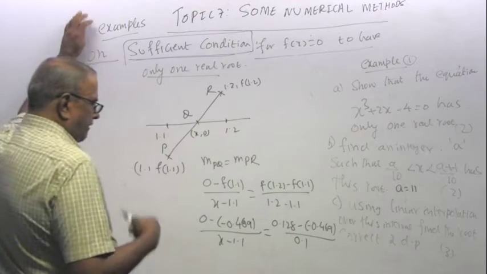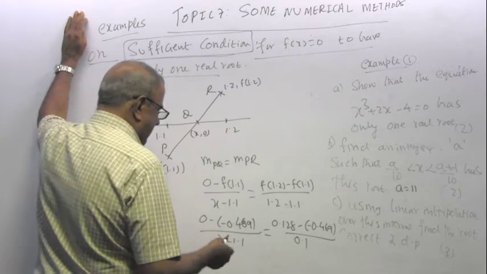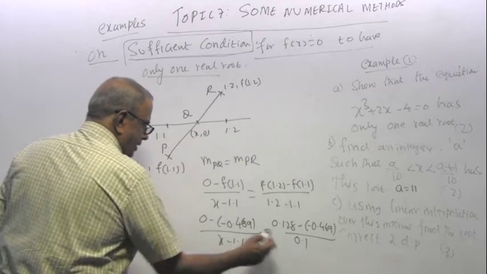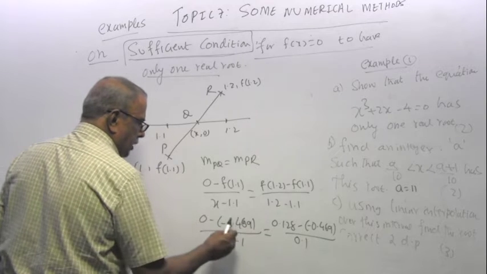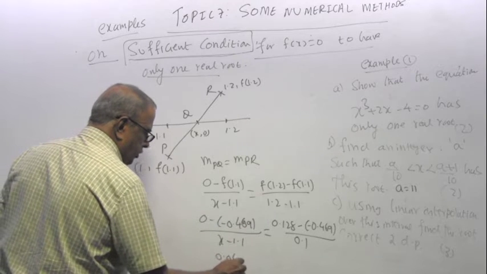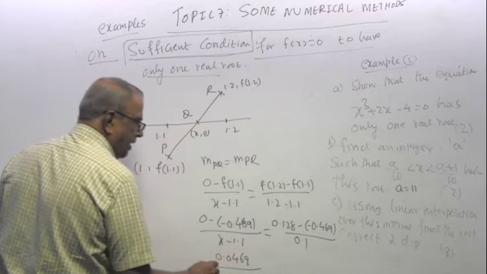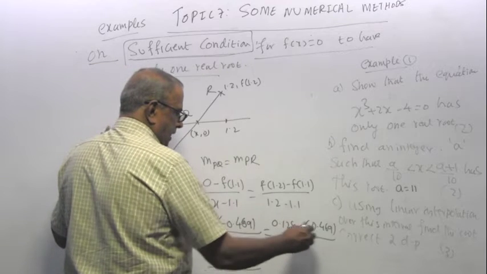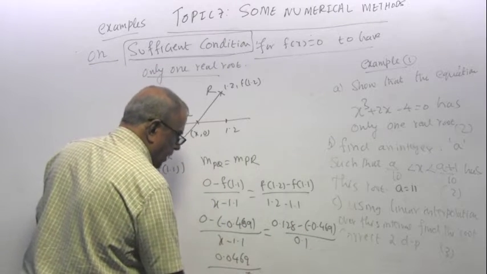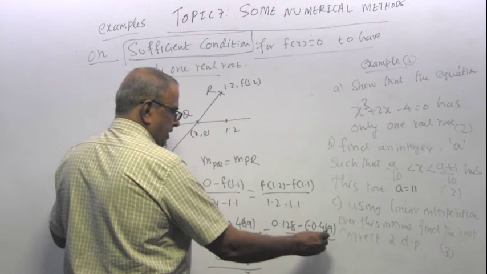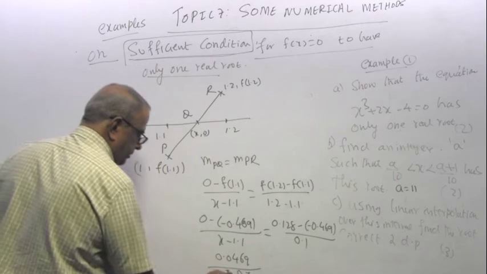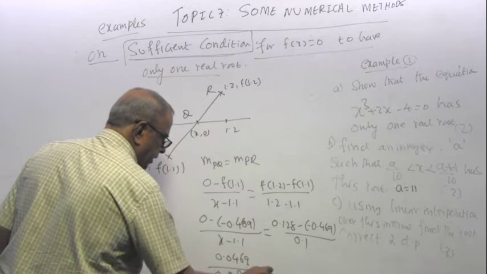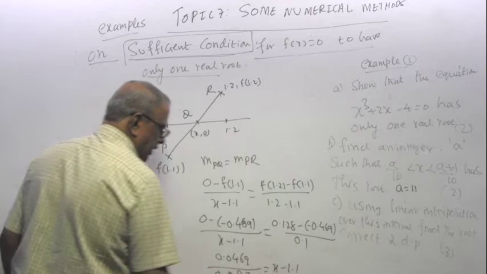0.1. When you cross multiply, don't open the brackets, use common sense. Look, this is minus and minus is a plus. When you multiply 0.1 with that, it becomes 0.0469 divided by, add these: 9 plus 8, 17, 1, 1 plus 6, 7, 7 plus 2, 9, 4 plus 1, 5, is equal to x minus 1.1.